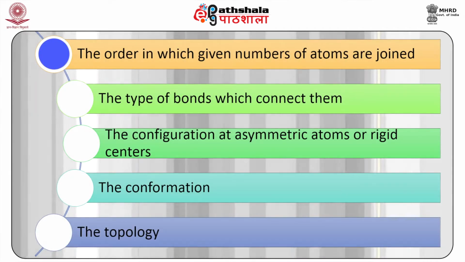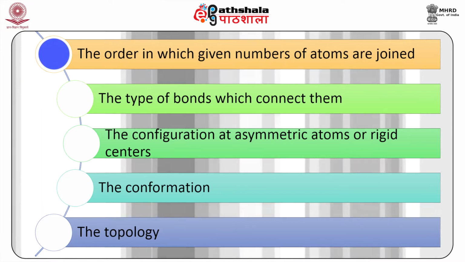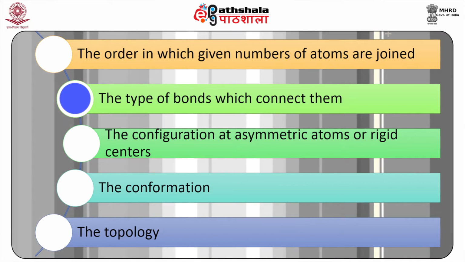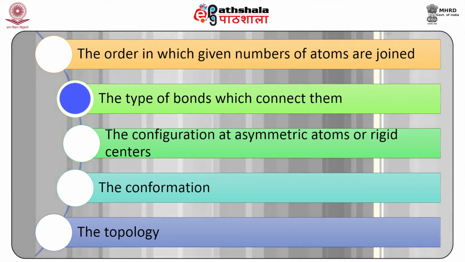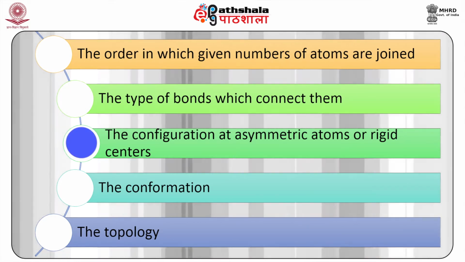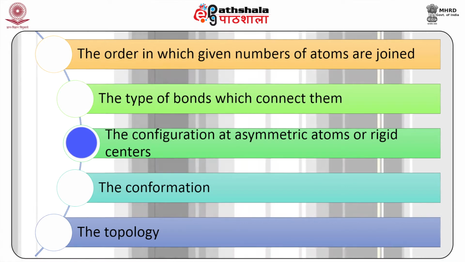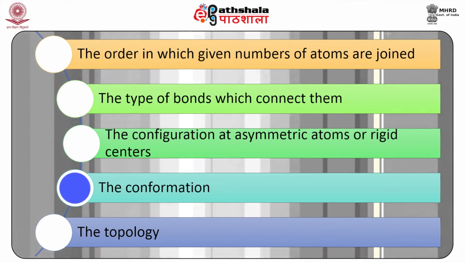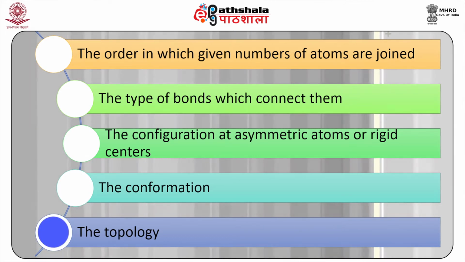Now students, a compound can usually be described unequivocally by factors like the order in which the given number of atoms are joined together, the types of bonds which connect them, the configuration at an asymmetric atom or rigid centers in that molecule, the conformation as well as the topology, that is the last factor.